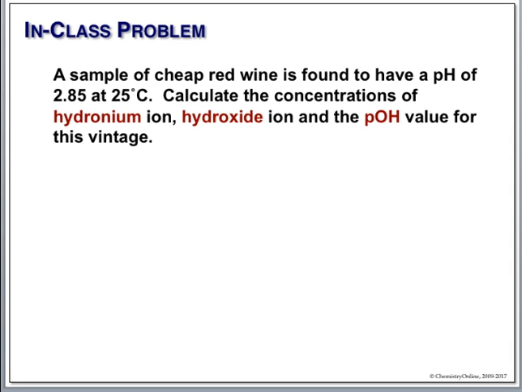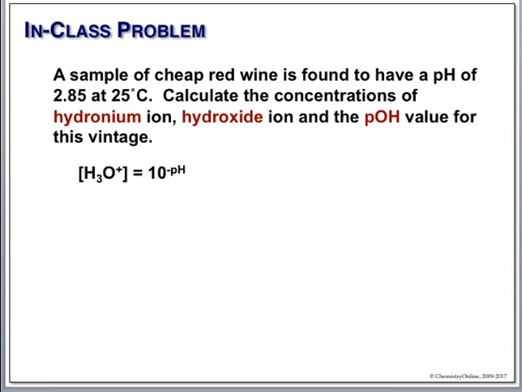What is the hydronium, the hydroxide, and the pOH? Always on the final exam. Sometimes the wine isn't quite as bad as this, but pretty much always on the exam. So how do we do this? Well, the easiest one to do is pOH, isn't it?